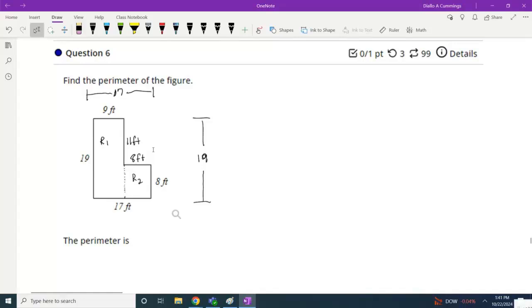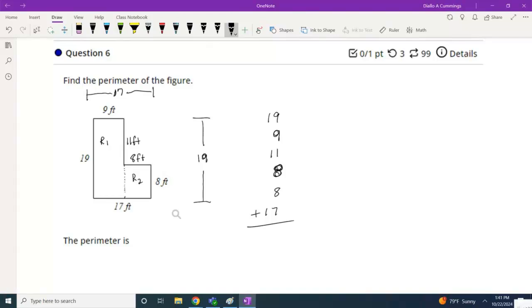Now I'm just going to add up all my side lengths. I have 19, which is this side, plus 9, plus 11, plus 8, plus another 8, plus 17.